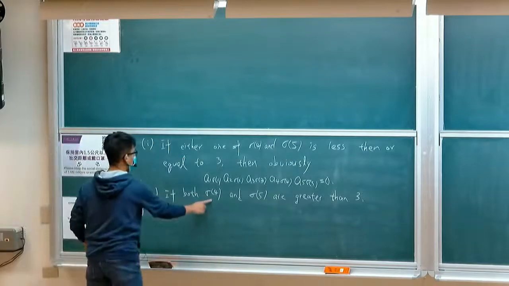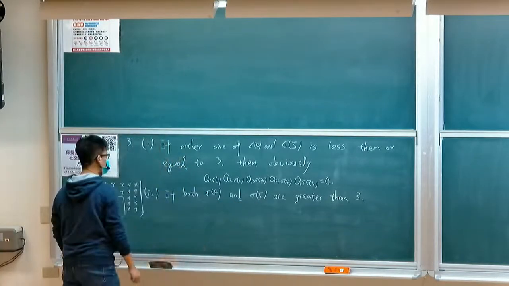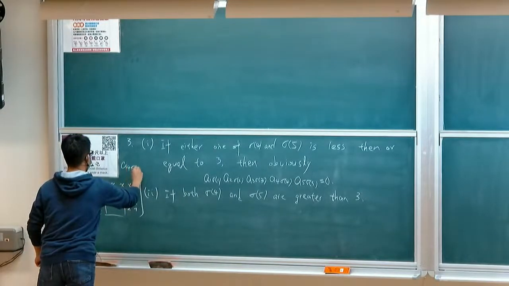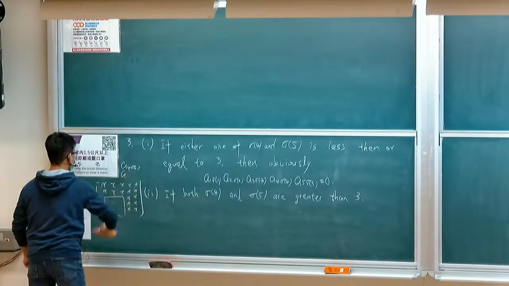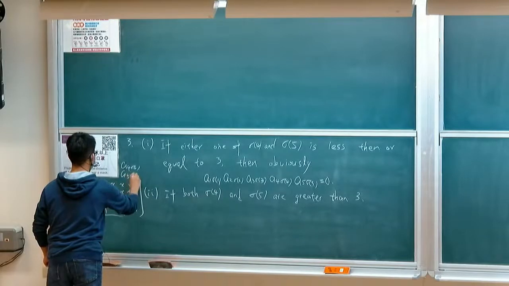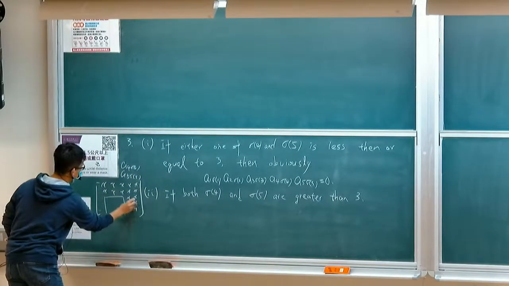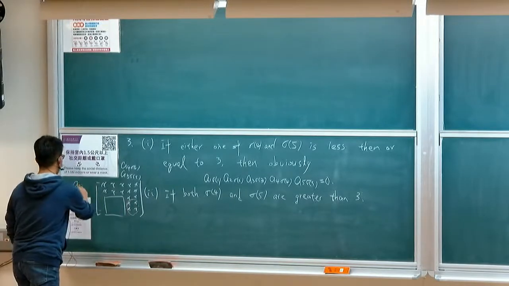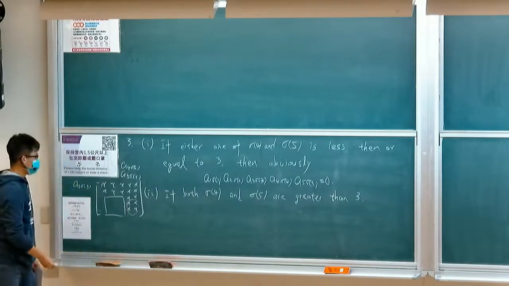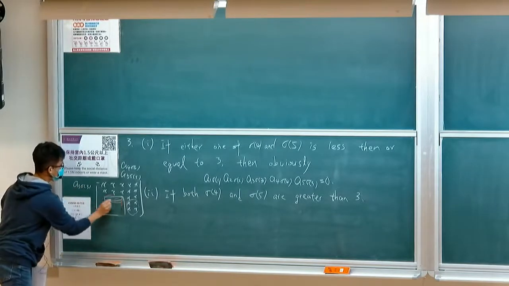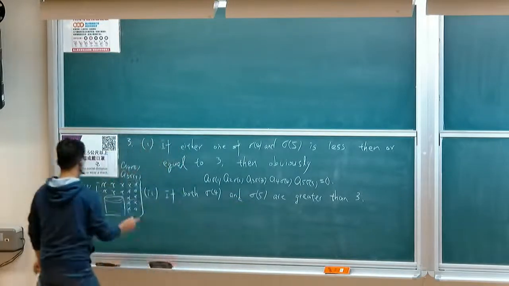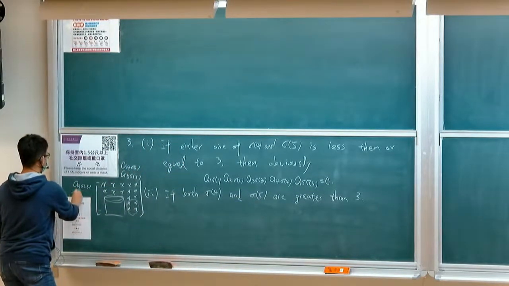If both sigma 4 and sigma 5 are greater than 3, then A4 sigma 4 and A5 sigma 5 are located in this area. Then for A3 sigma 3, you can only choose from here. And if both sigma 4 and sigma 5 are greater than 3, A3 sigma 3 must be 0.